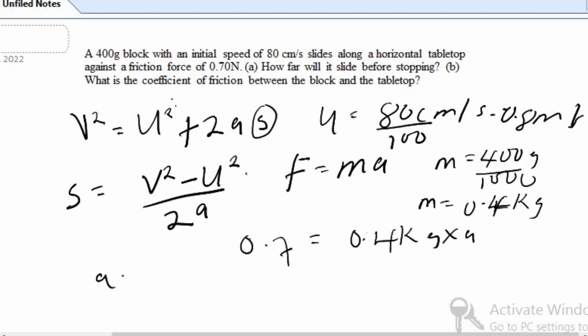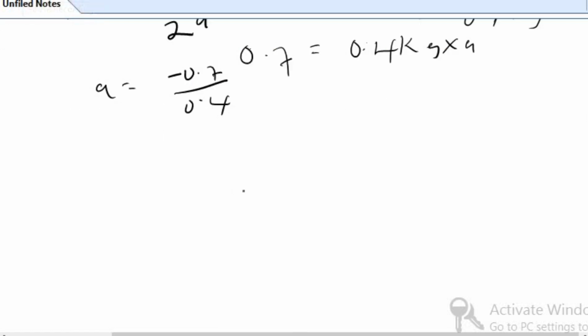Therefore a is equal to minus 0.7 over 0.4. And if you press it well in your calculator, you get a is equal to minus 1.75 meter per second squared.